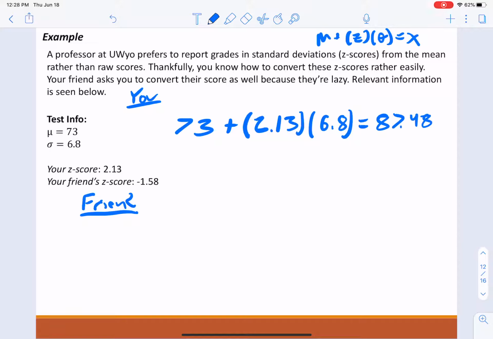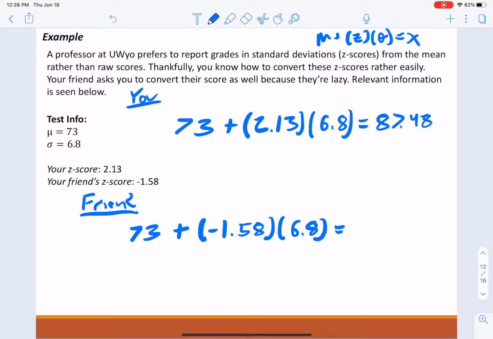Okay. So, 73. Okay, that's the mean here. That's the class mean. Okay, and then what else do we need? Well, we need your friend's z-score. So negative 1.58 times 6.8. So that's all the same, right? This and this are all the same. It's just the one z-score that changed.